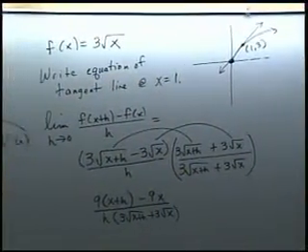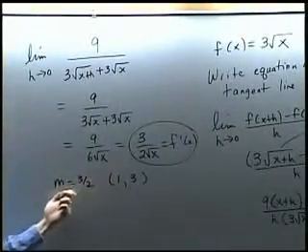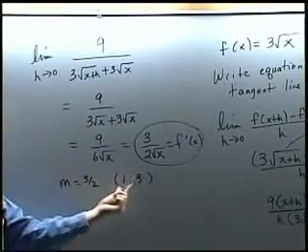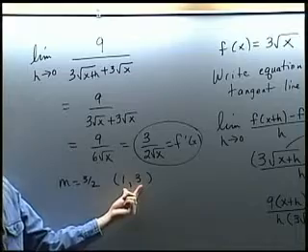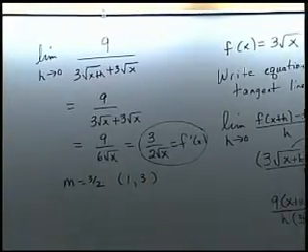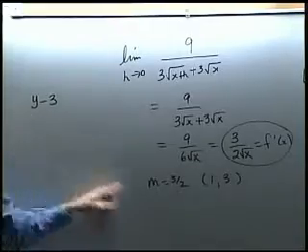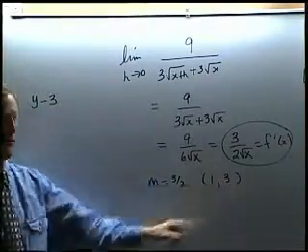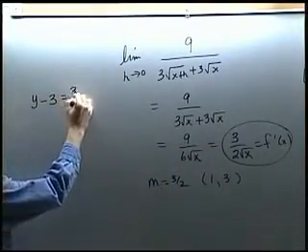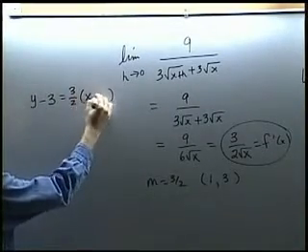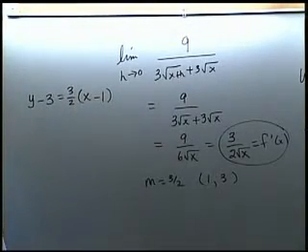Now, if we remember back, how do we write the equation of a line when we know the slope and we know some other point? Yeah, we got y minus y sub 1, in other words, y minus this y coordinate, equals the slope times x minus the x coordinate.